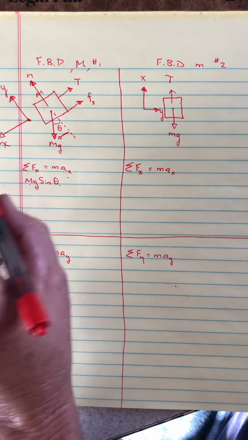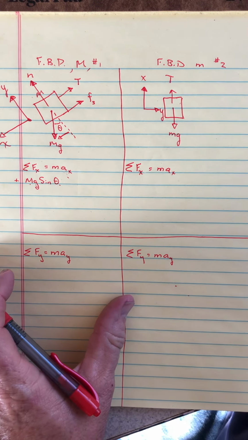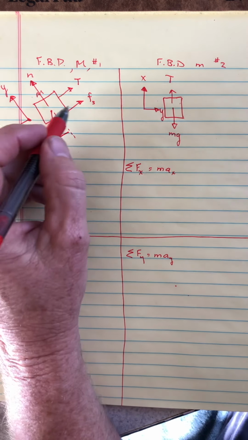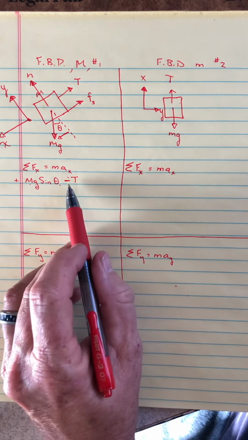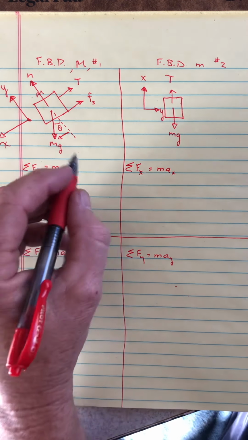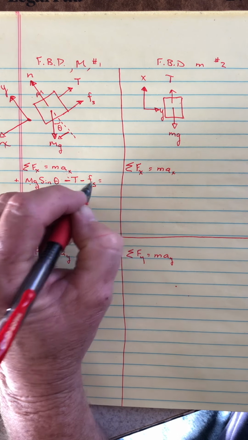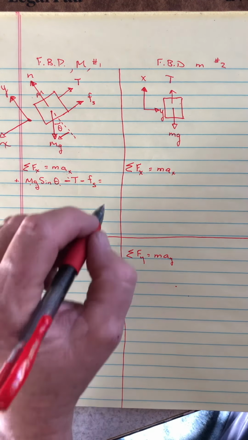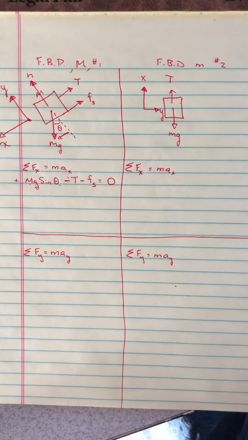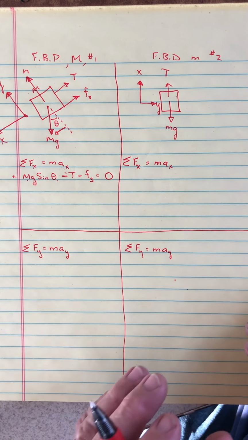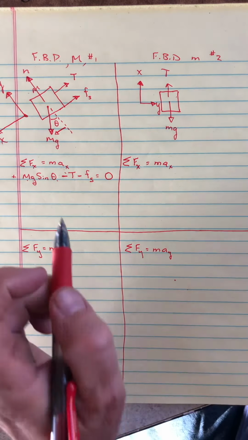And it would be down the hill, which I'm calling the positive direction, so there'd be a positive in front. Now, these other two, the tension is pulling it up the hill, so I'm going to put negative magnitude of the tension. I'm going to put negative the force of friction. And then I'm going to put 0 here to indicate that I don't want it to actually move, but I want it on the cusp of moving, okay?